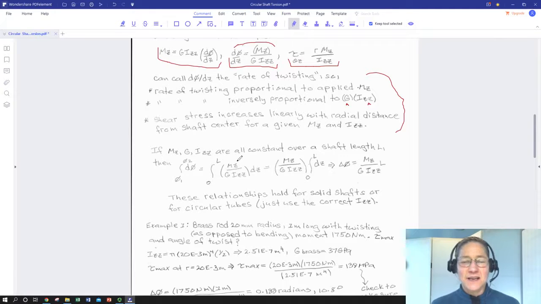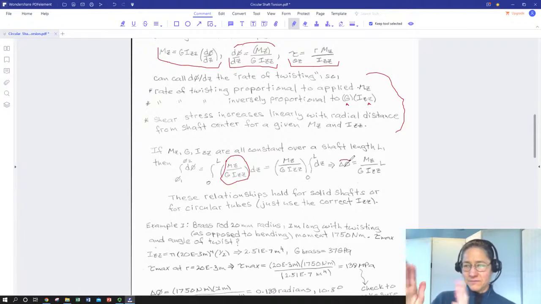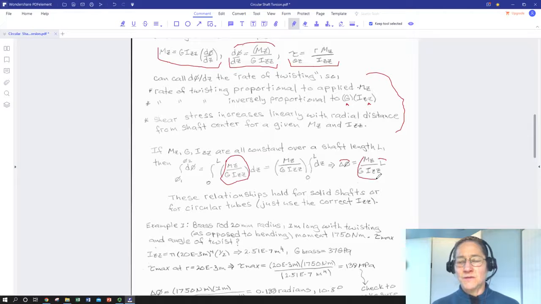If G is constant, then I can take this whole quotient out of my integral and just integrate from 0 to L dz, which just gives me L. So my delta phi, the subtended angle of twist for the whole shaft length, is just going to be the shaft length times my applied moment divided by polar moment of inertia and shear modulus. So for any given shaft length, I can get the actual angle that I've deflected.